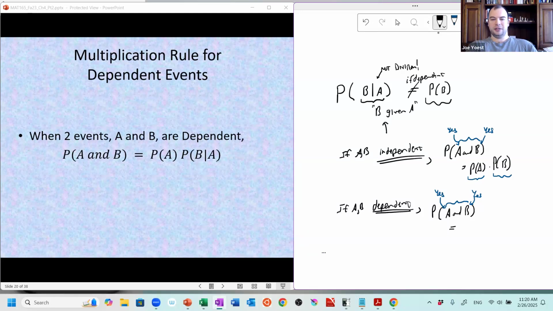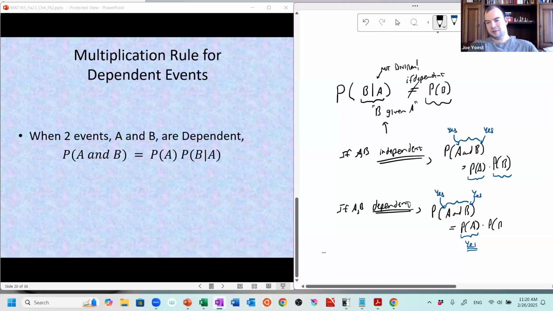Well, for event A to have occurred, how often does that happen? That happens with probability of A. But now, given that I've said, yes, A has occurred, now what's my probability of B occurring? It's not just the overall probability of B anymore.